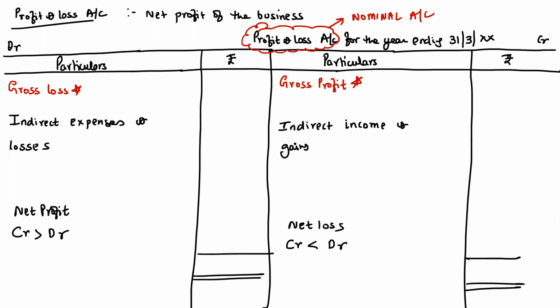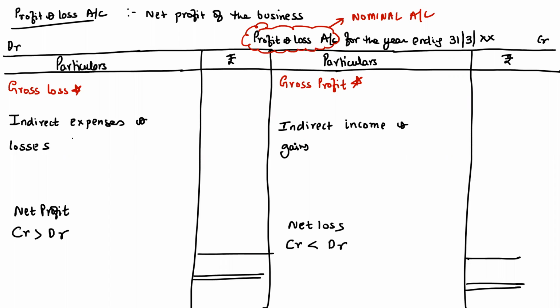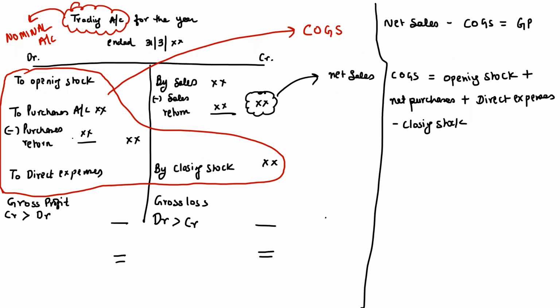Okay. So let's look at what are the indirect expenses. So expenses which are not direct, we have done all these direct expenses in the previous class. So expenses which are not direct are indirect. So let's classify them.